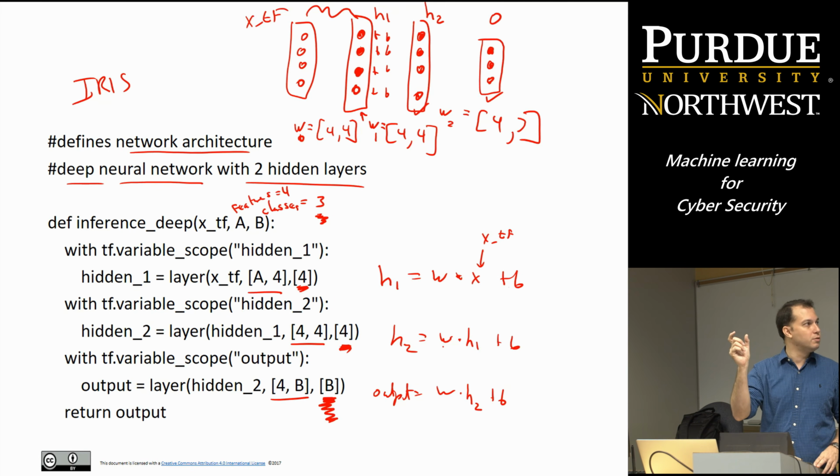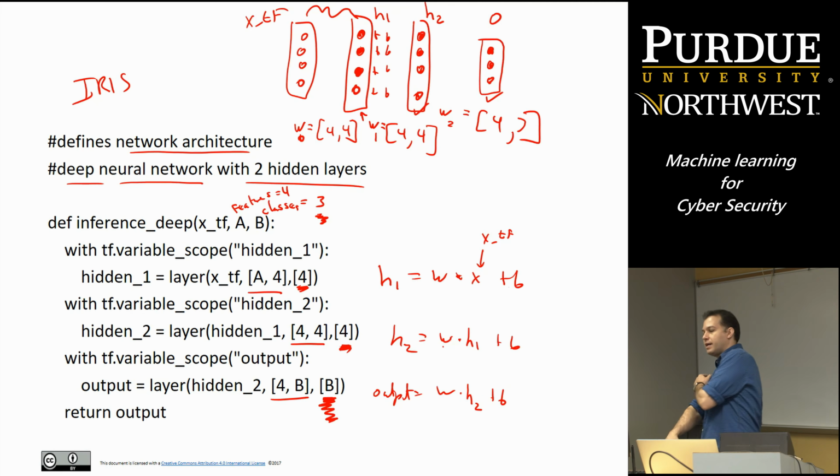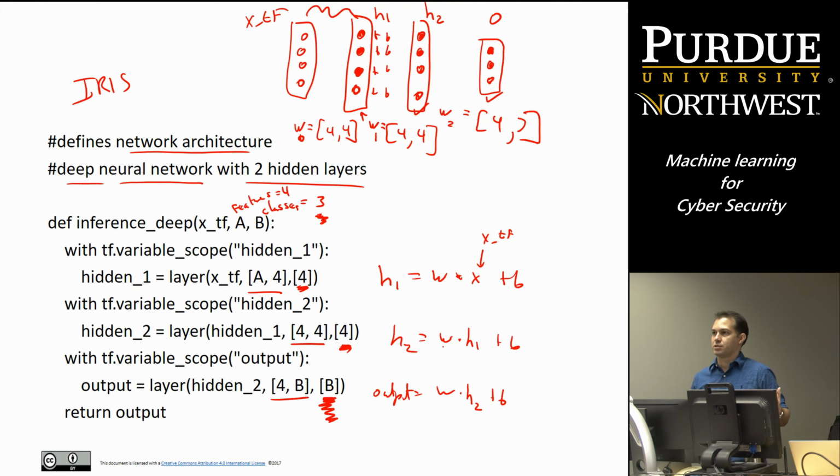You create W, but because you say with variable scope hidden 2, now the name of it in the graph appears as hidden 2/W, hidden 2/bias, and so on. I don't know why they wanted it to look like folders. So it's that idea that it's a variable scope. It's like a folder of the variables for that scope. Do you see that? And you can call it in your code, not in the code here.